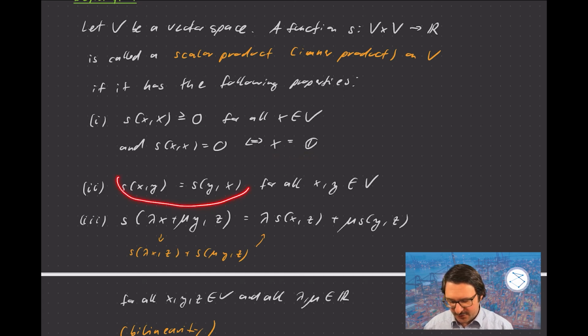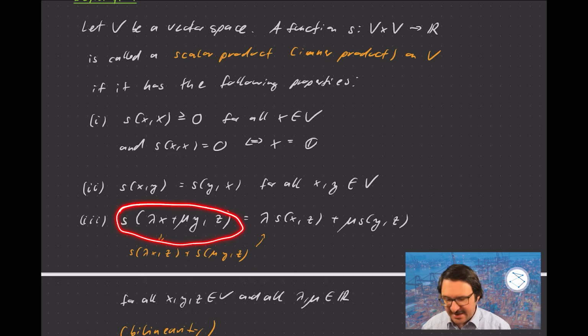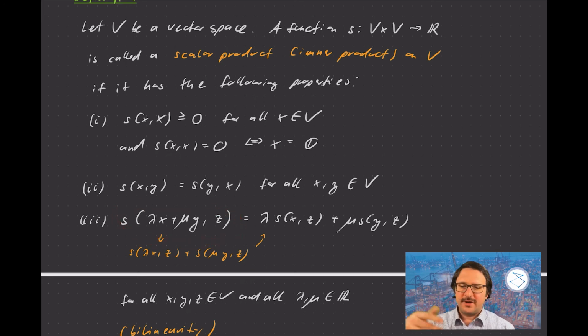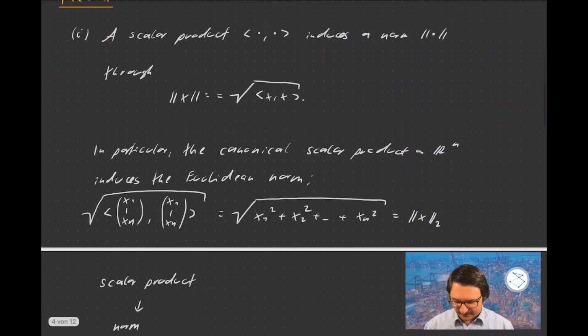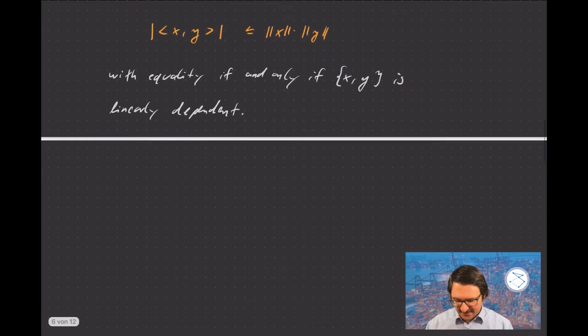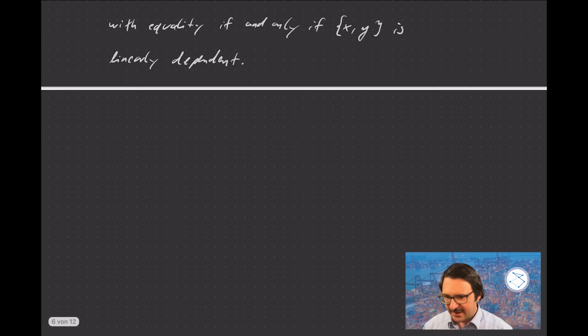Then we have symmetry, that's hopefully easy to remember. And then we have linearity in each component. So you fix one component, you have a linear function in the other. And to get used to that, we'll have a look at the proof of the Cauchy-Schwarz inequality.